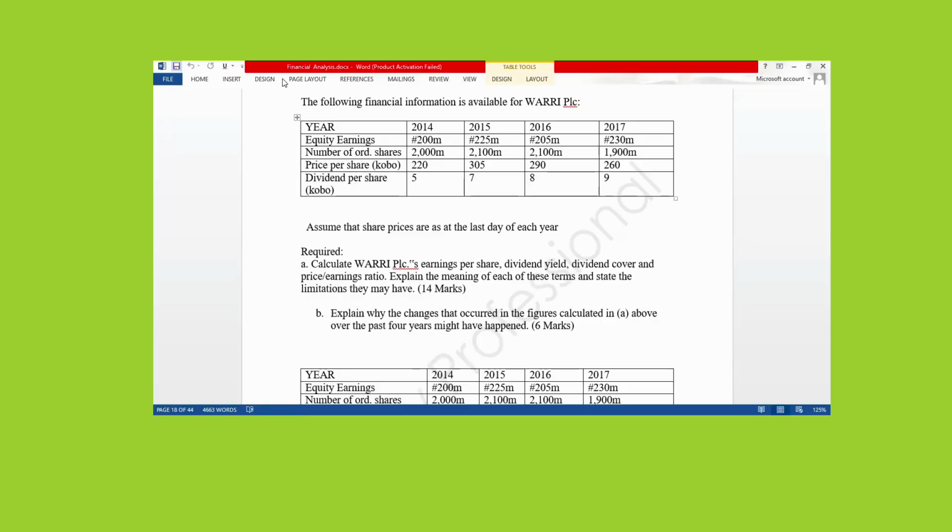We discussed this. Thereafter, we looked at question number 1, Osanko PSC, to explain how you can evaluate the financial state and performance of a particular company.